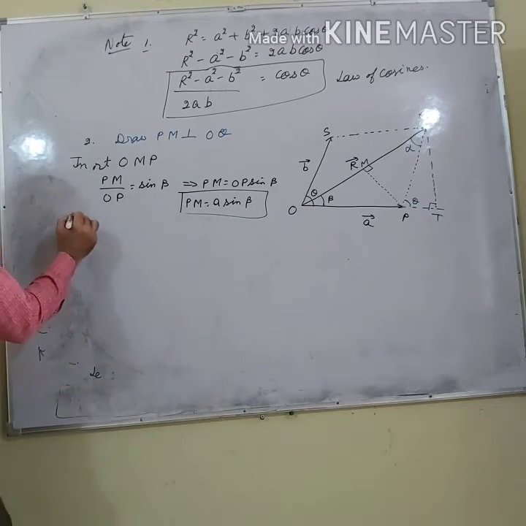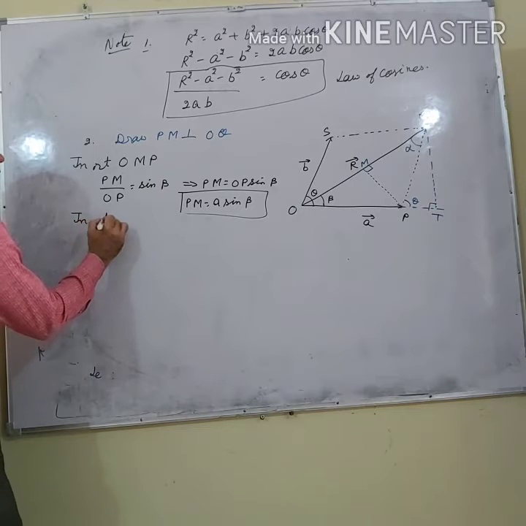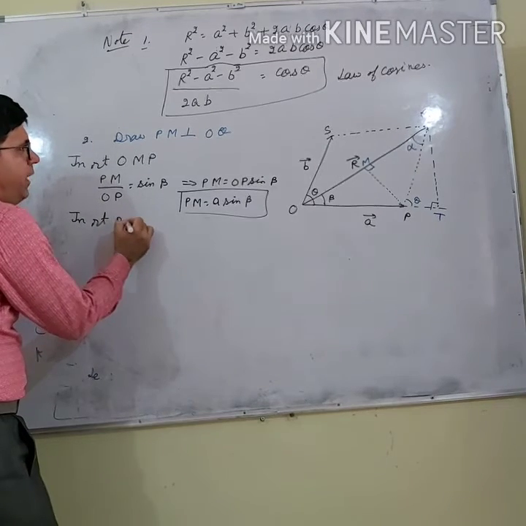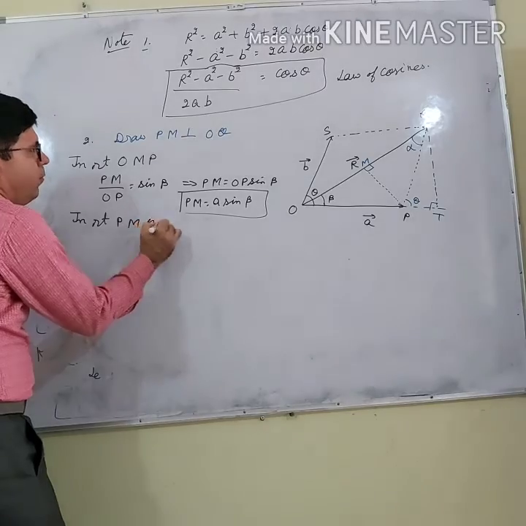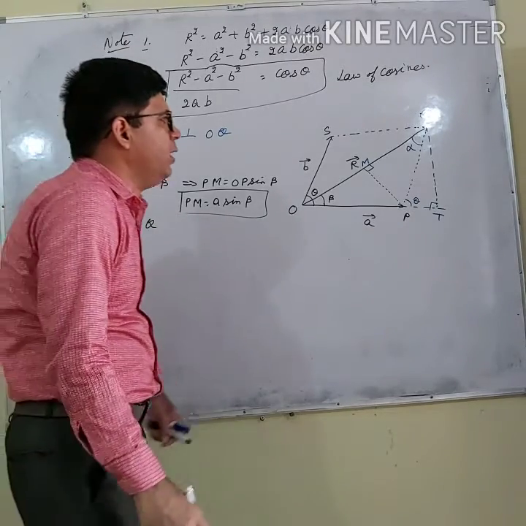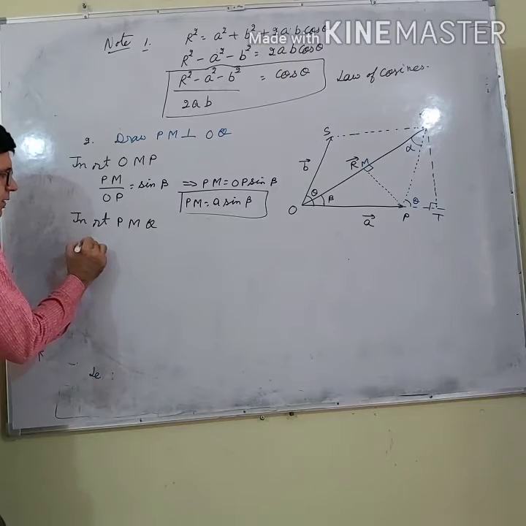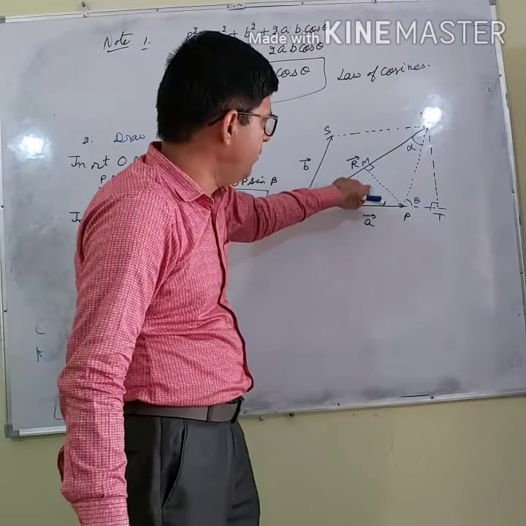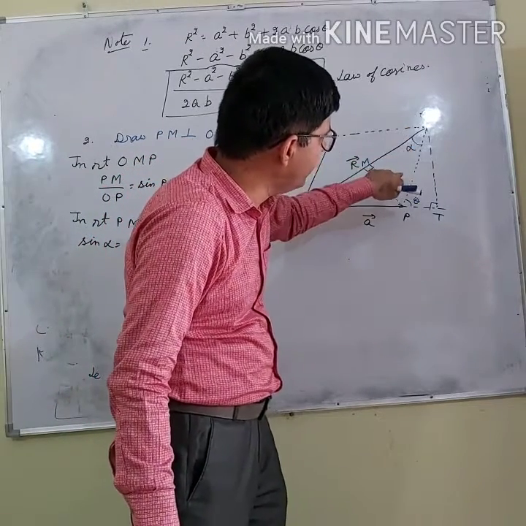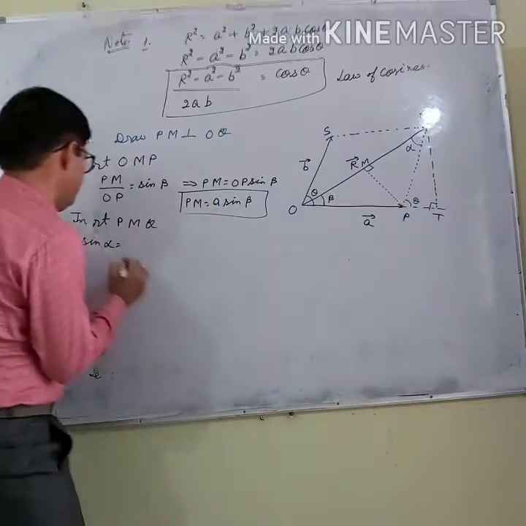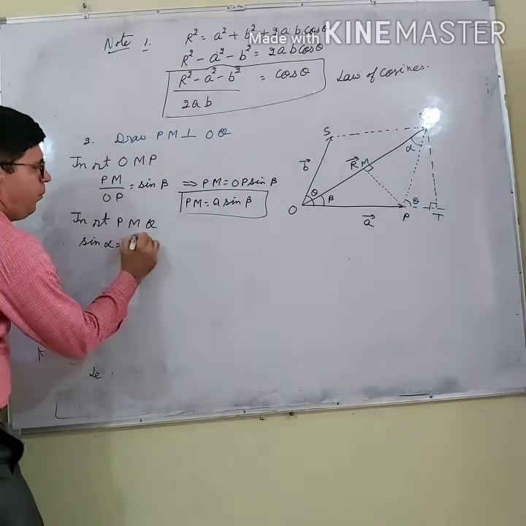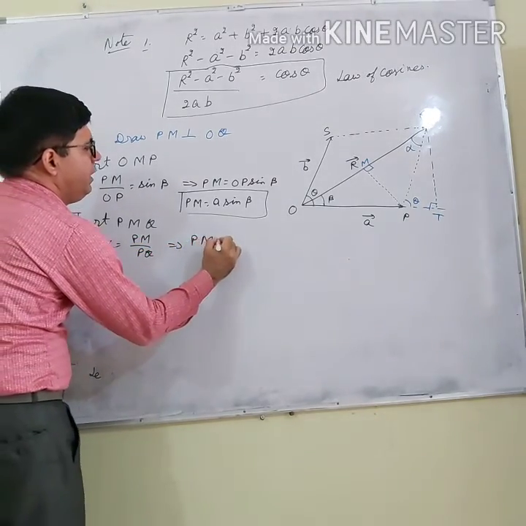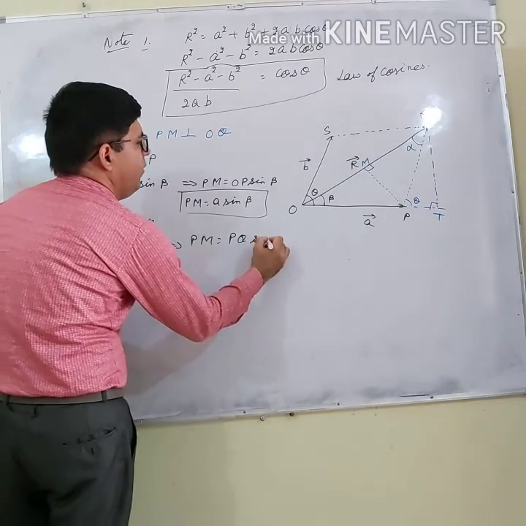Second point: let us take the right triangle PMQ. What is sine alpha here? Sine alpha is perpendicular upon hypotenuse. Hypotenuse is PQ, perpendicular is PM. So PM equals PQ sine alpha.